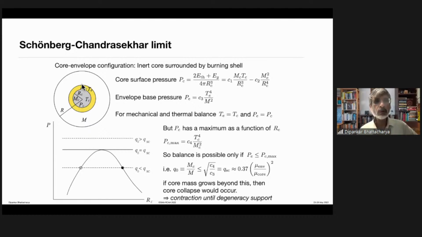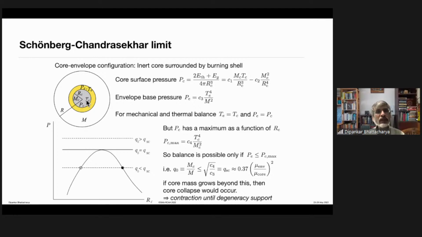The core, let us say, has a mass M sub c, radius R sub c, temperature T sub c, and pressure P sub c.